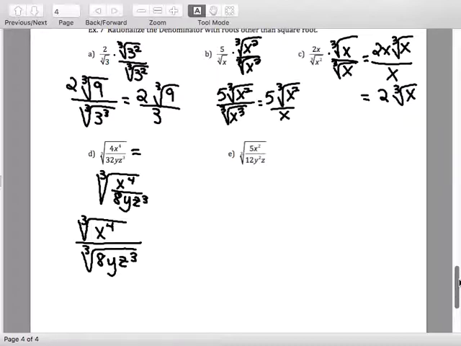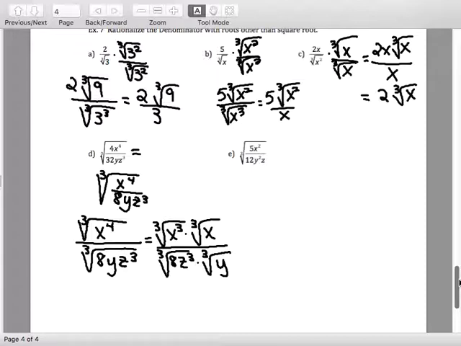So up in the top, do you see that I can break this into the cube root of x cubed times the cube root of x? I'm just splitting the top using the product property. Down in the bottom, I'm going to make this the cube root of 8z cubed times the cube root of y.